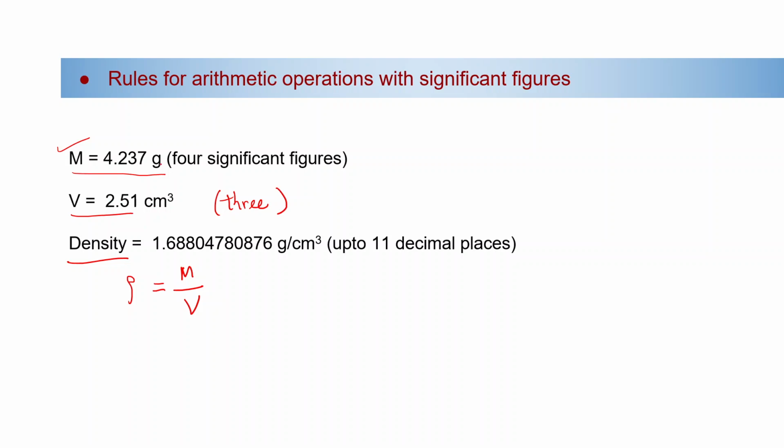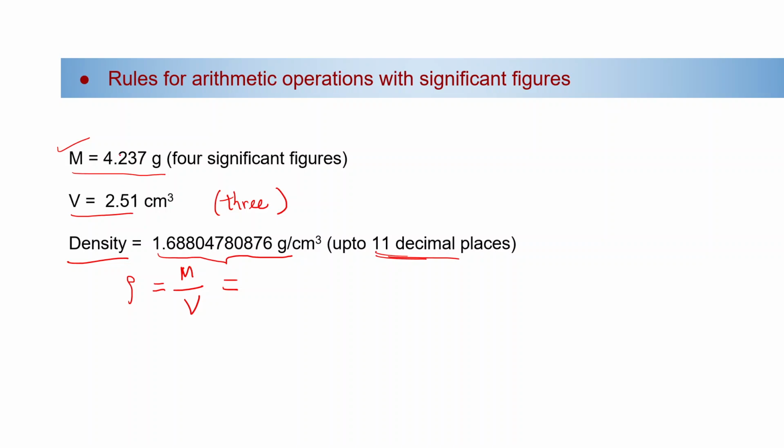Now, if I take the ratio, this is the value I'm getting. If I use a calculator, it gives me up to 10 or some decimal digits. Sorry, it's up to 11 decimal places. But is this the correct way to report this result?